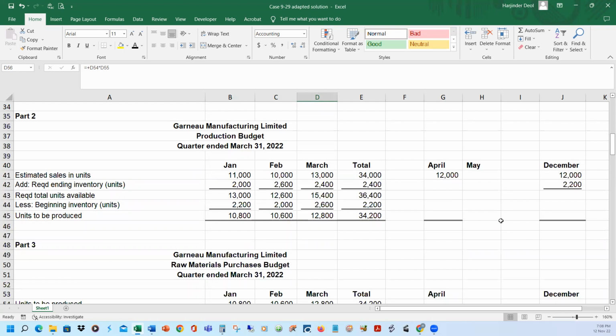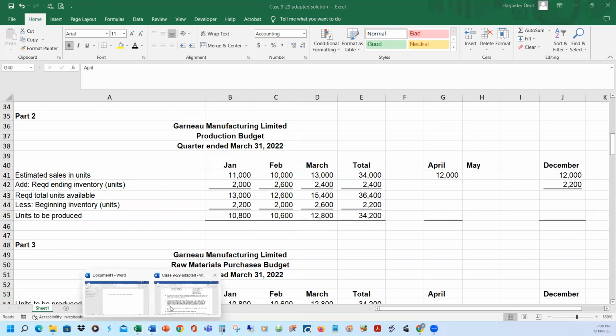And if we take a look there, well, in April, the company is looking to sell 12,000 units. But recall that for finished goods, the company wants to maintain an ending inventory of 20% for the next month's sales. Now, the next month following April is the month of May.